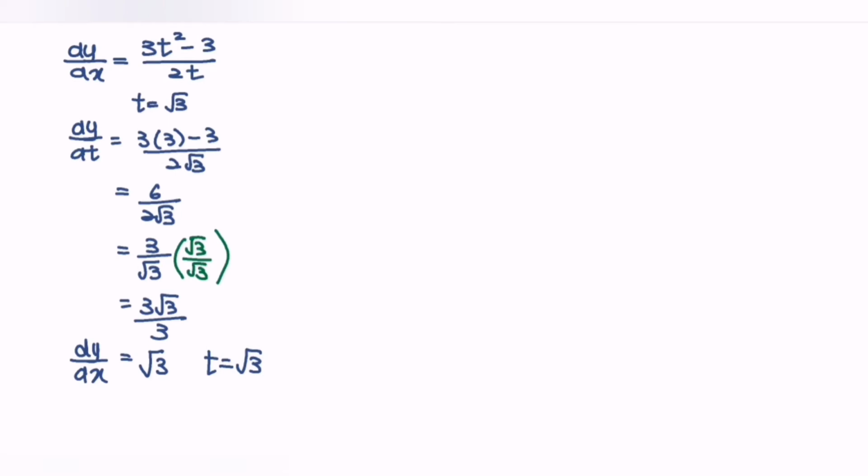So now we are going to find dy/dx when t equals negative square root of 3. So if t equals negative square root of 3, dy/dx will be equal to 3(3) minus 3 over negative 2 square root of 3.